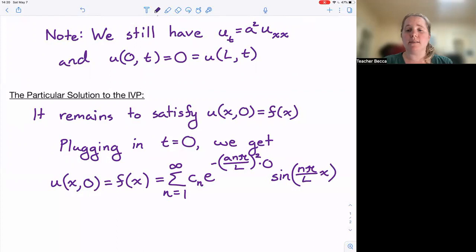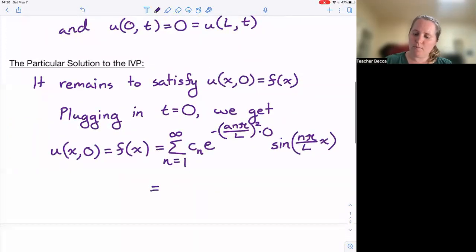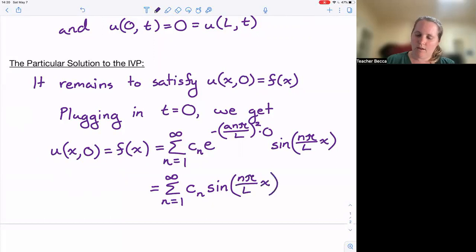Of course, that e to the 0th just goes to 1. And so we wind up with the sum from n equals 1 to infinity of c sub n times sine of n pi over L x for f of x.